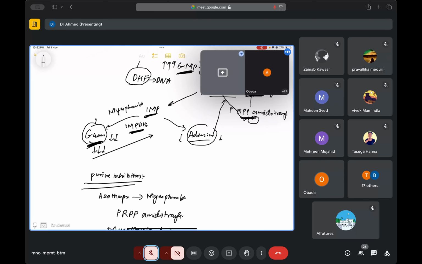Perfect. What about mycophenolate? Mycophenolate will inhibit IMP dehydrogenase, the enzyme that normally converts IMP to guanine, so it also will lead to decreased DNA replication. Perfect. So this was all about immunosuppressants.